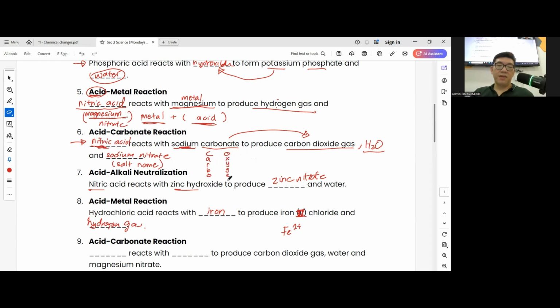If you want more complicated stuff, this is a carbonate ion. That's the meaning of carbonate actually. One carbon atom bonded to 3 oxygen atoms with a charge of 2 minus. Yes, that's the carbonate.